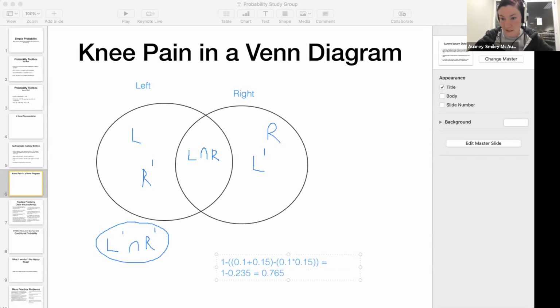All right, 76.5% of the time, I can wake up pain-free. Well, when we're talking about knees anyway. We have to worry about the lower back. All right, so that's pretty much the shtick of simple probability in events and sets.